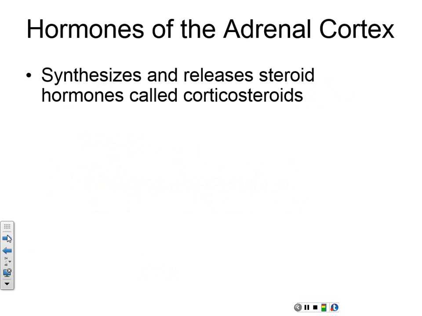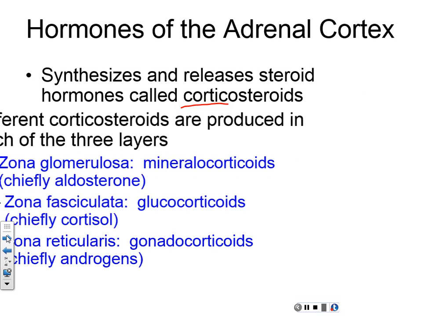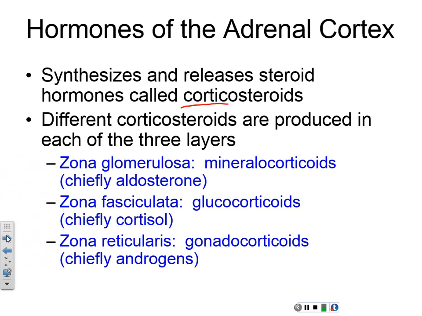So the adrenal cortex, that's the one that synthesizes all those glucocorticoids, mineralocorticoids. So they're called corticosteroids, from cortex. Okay? Corticosteroids from the cortex. Okay? So zona glomerulosa. Okay?